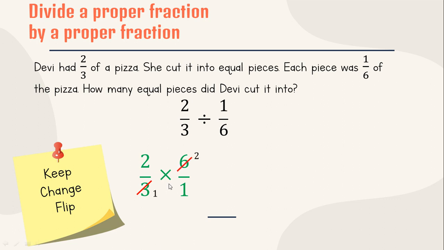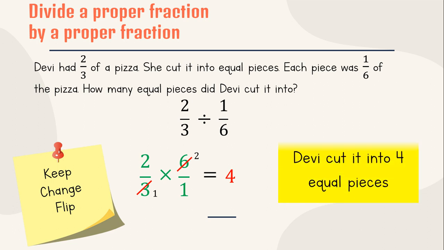Don't forget, we simplify it. So 3 divided by 3, and 6 divided by 3 equals 2. Now we get 2 times 2 equals 4, and 1 times 1 equals 1, and 4 per 1 is 4. Any question? It's kind of easy, right?